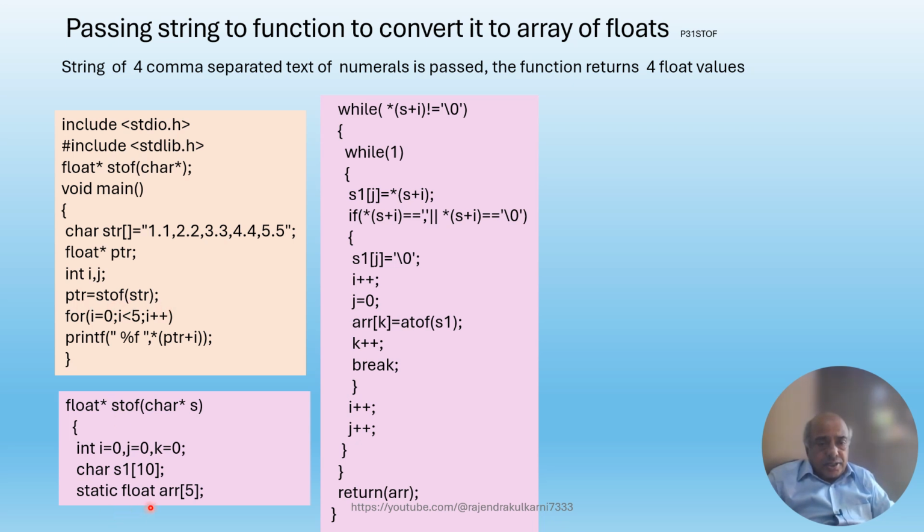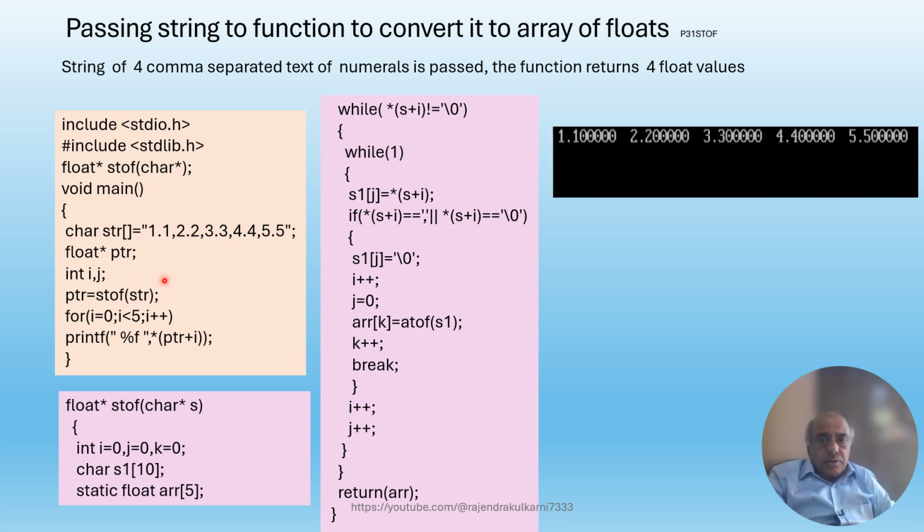We have declared arr as a static array, so even when the function returns, being a static array, it remains alive and all the values in it are available to the calling function. On return from this function, what this printf statement displays are the values contained in arr, which are now formatted into float numerals, 1.10000 to 5.50000.